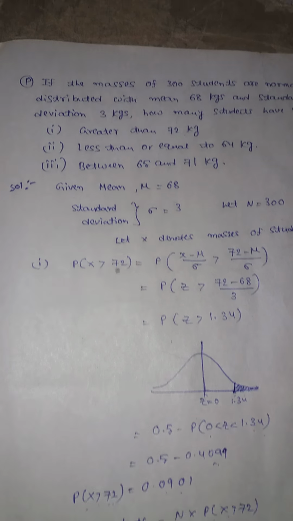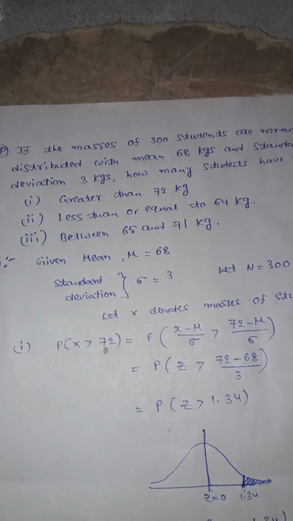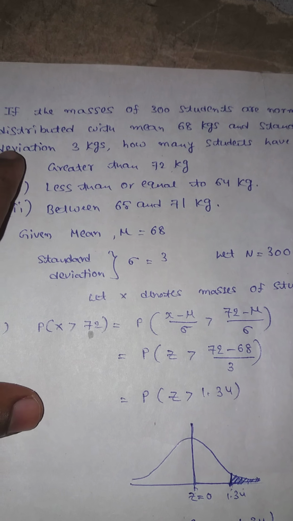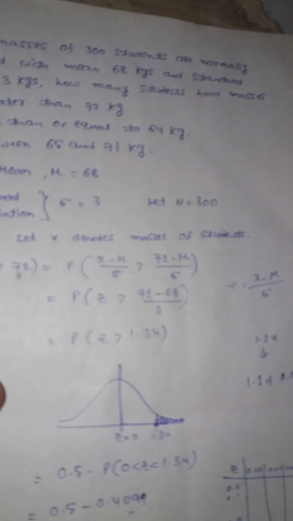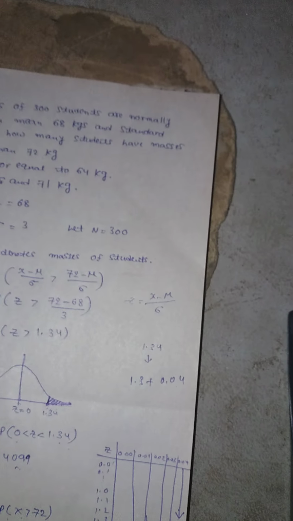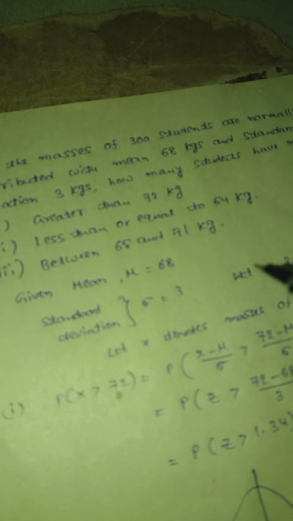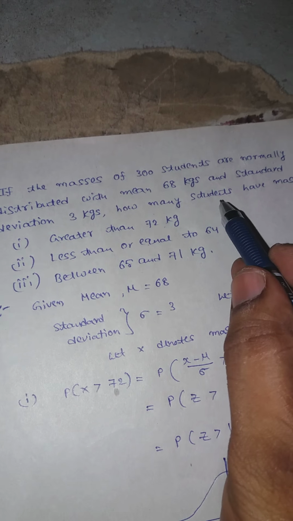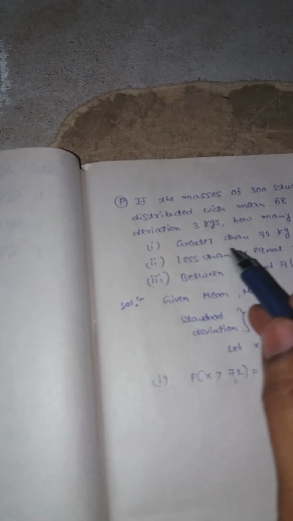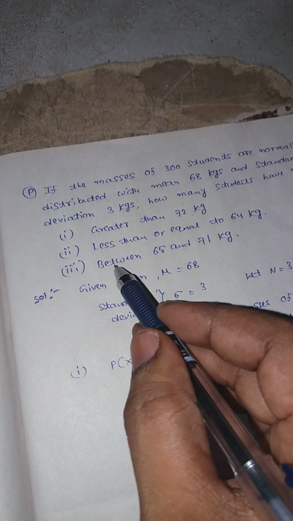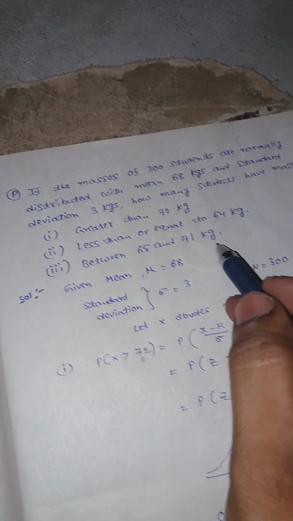The problem is: if the masses of 300 students are normally distributed with mean 68 kgs and standard deviation 3 kgs, how many students have masses greater than 72 kg, less than or equal to 64 kg, between 65 and 71 kg.